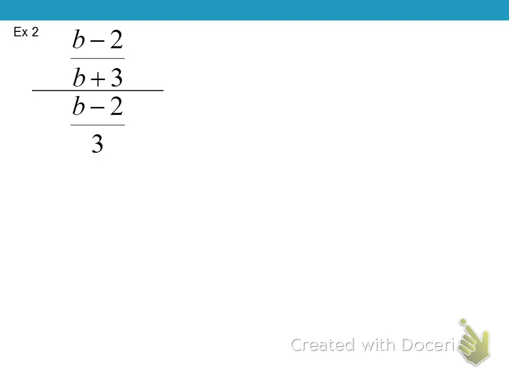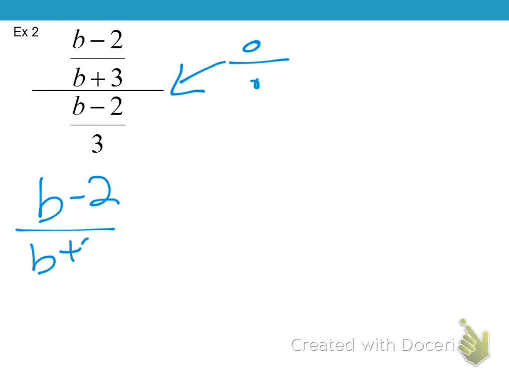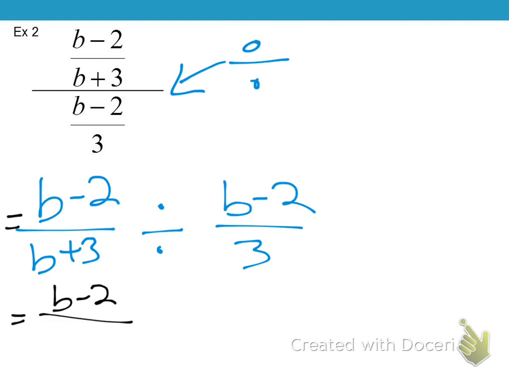Where I see the bigger fraction bar, I'm going to write this old school sign. So it's going to be b minus 2 over b plus 3 divided by b minus 2 over 3. Can I do any simplifying? Nope. So what I'm going to do is keep, change, flip.